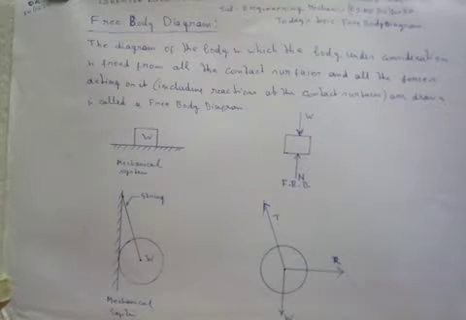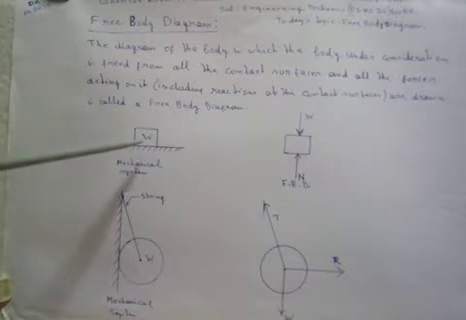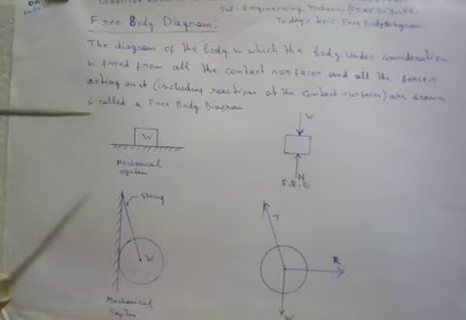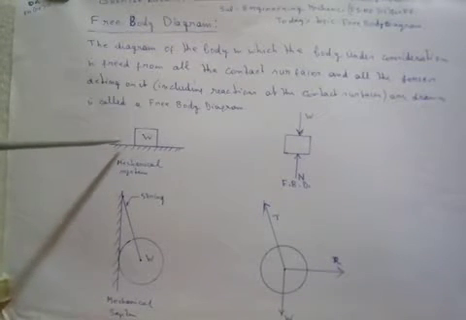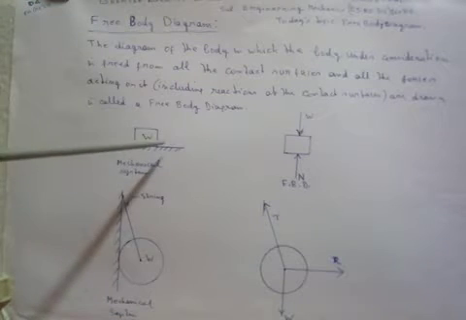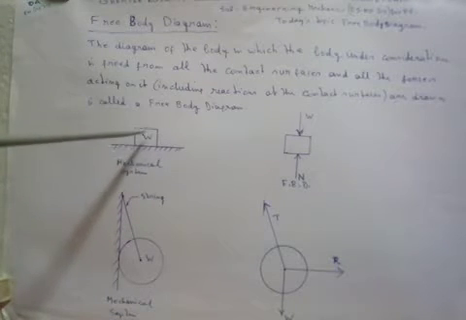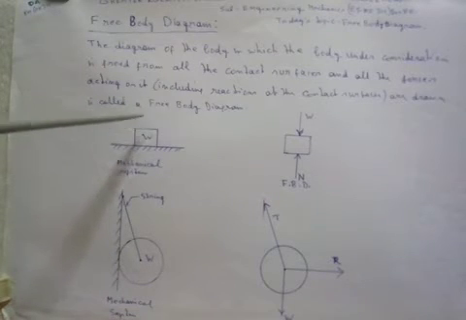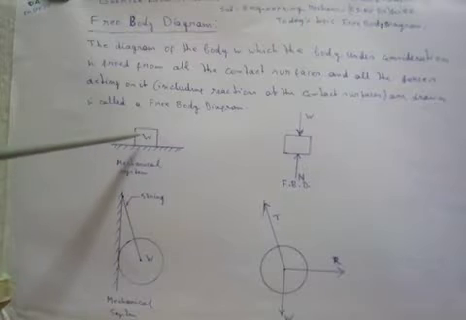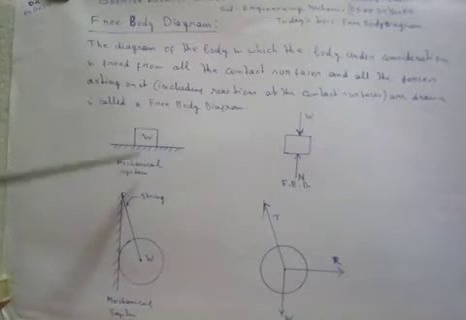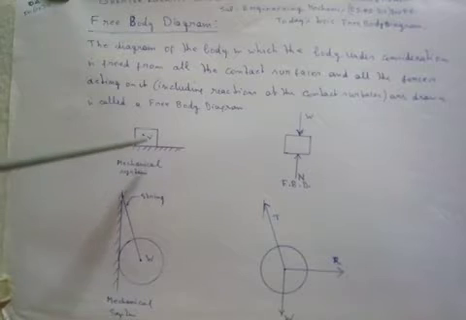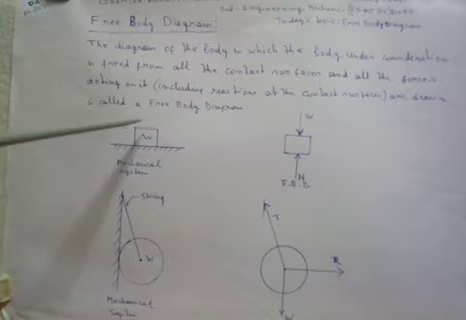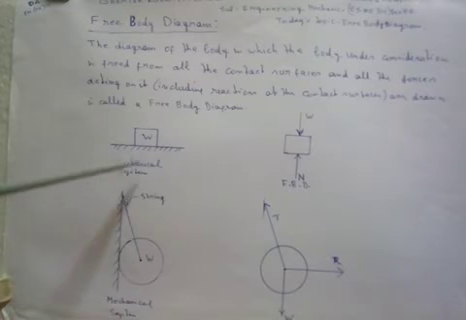Now let me explain the reactions. Suppose a block is kept on a table. This is a block kept on a table and the weight of the block is W. Now the block is under the gravitational force, but it is not falling on the floor because the table is not allowing the block to fall to the ground.